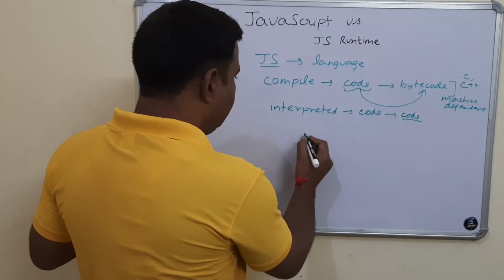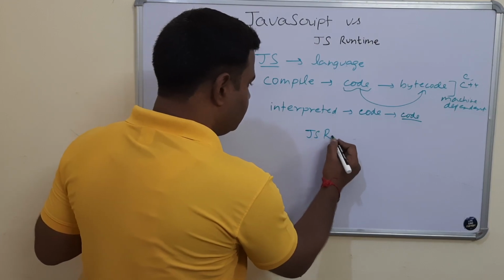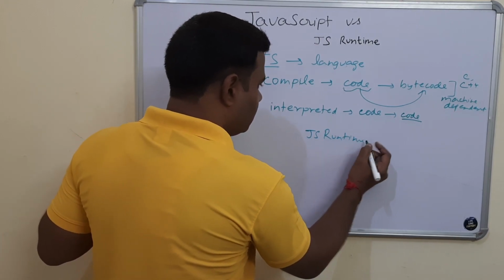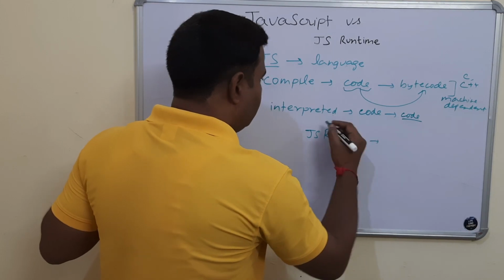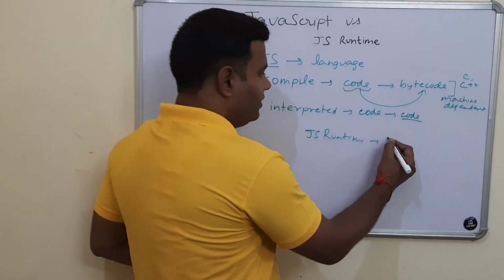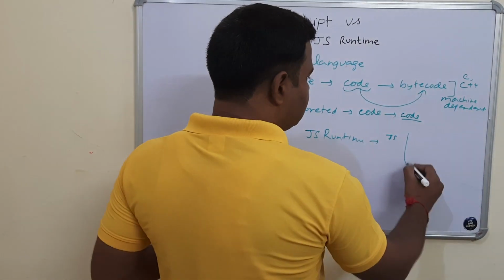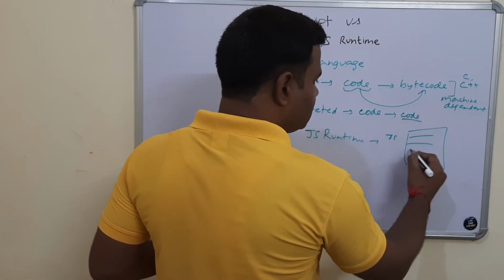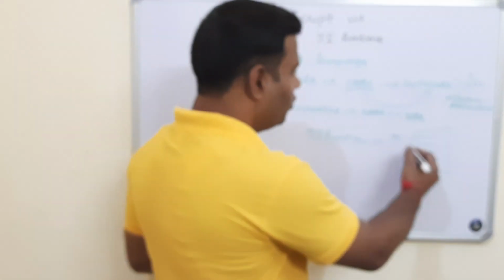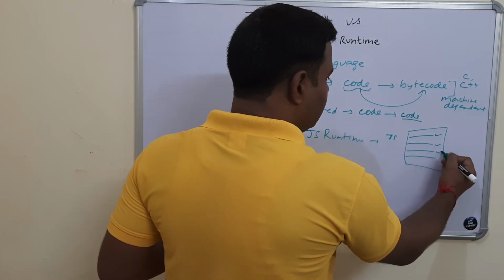So the JavaScript runtime will transform your code, JavaScript files, JS files, and let's say it is a simple program and you have so many instructions in your file, it will go one by one and execute these.